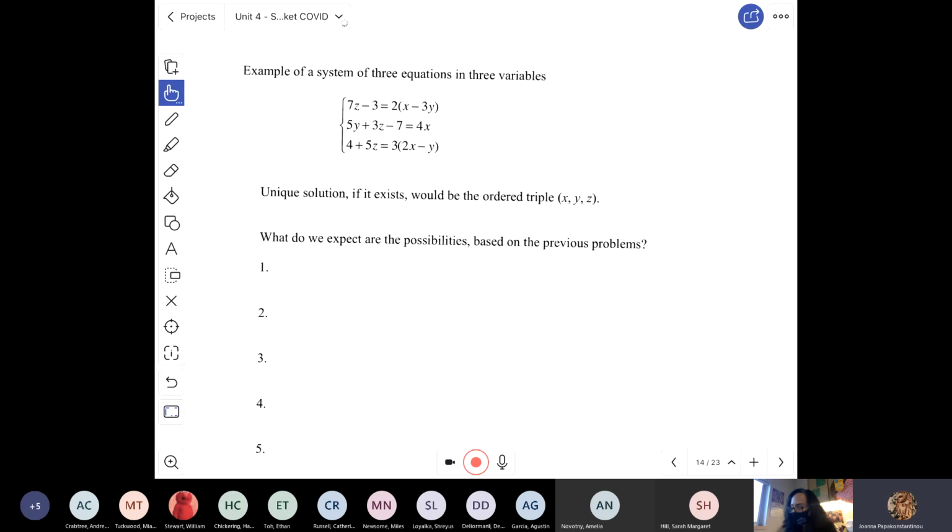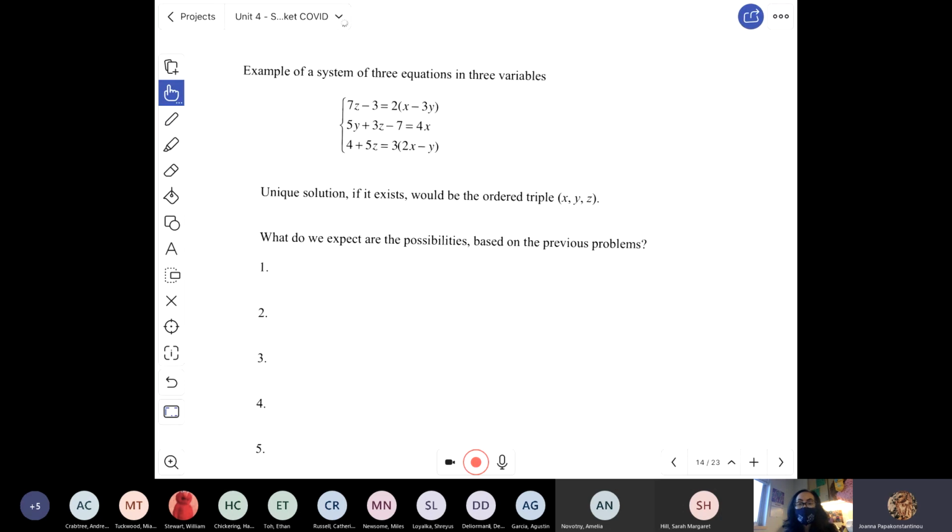So if I have a system of 3 equations in 3 variables, let's talk about how we can expect these to be related. Now in 2 space, we talked about how the lines could be the same line, parallel lines, or they could intersect at one unique point, right?